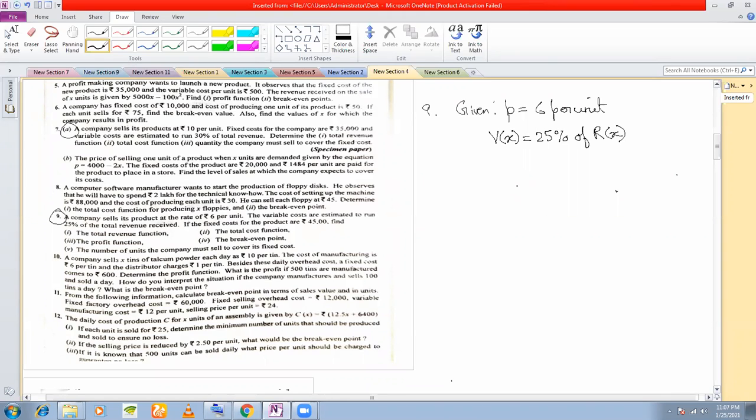If the fixed costs for the product are rupees 45, then a comma and then two zeros. I don't know whether to assume 4500 or 45,000 because there's a comma. Let's assume 45,000. Fixed cost here is say 45,000.